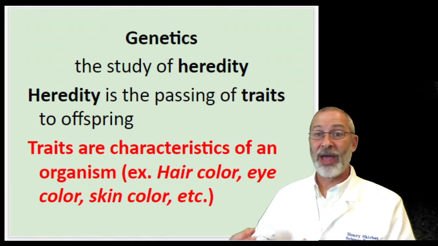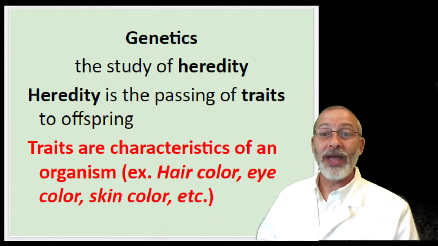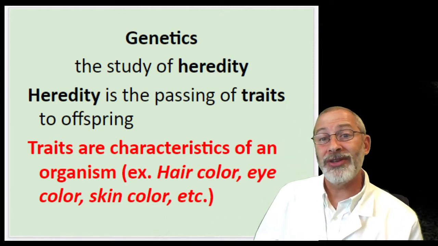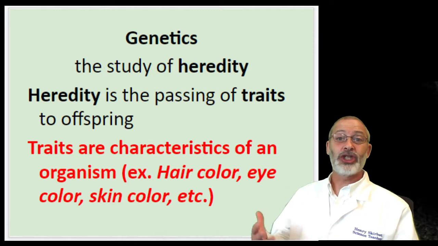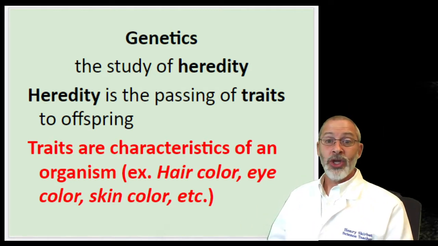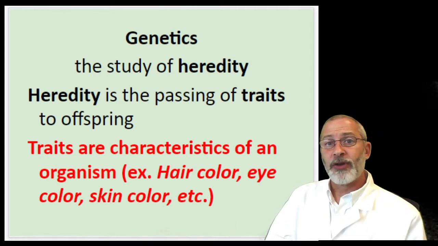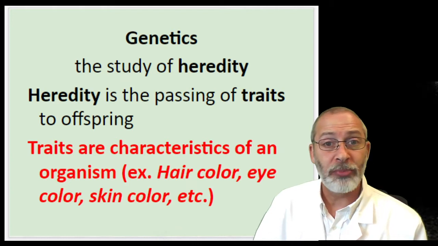Heredity is the passing of traits to offspring, and traits are the characteristics of an organism, such as hair color, eye color, skin color, etc. So we're going to pick it up from here, and hopefully you have your books open to your notes page.